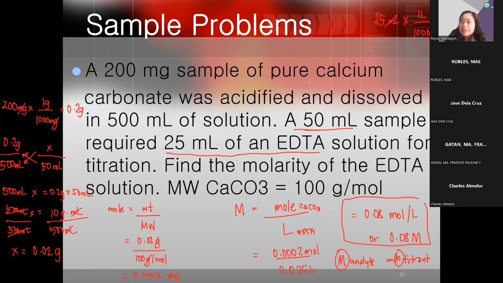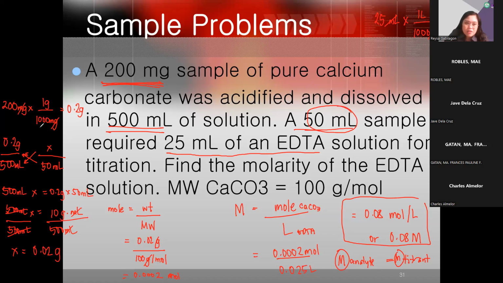Do not directly compute, because you might go straight to computing for the molarity. Understand the problem first. That is why I read this earlier, right? I said this sample was first dissolved here, but during titration, only 50 ml was used.